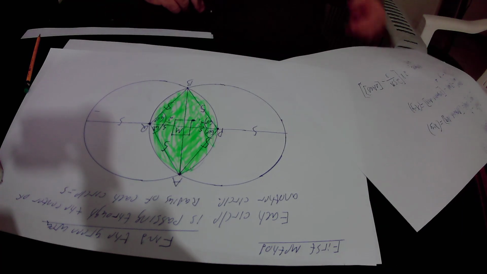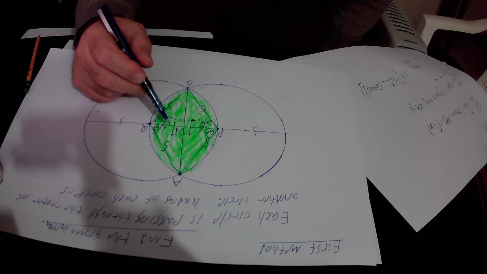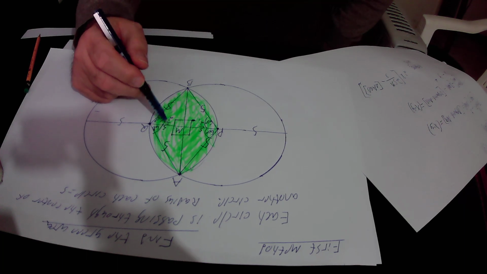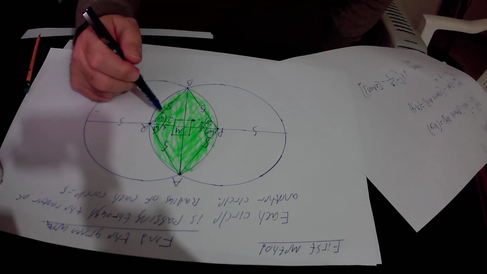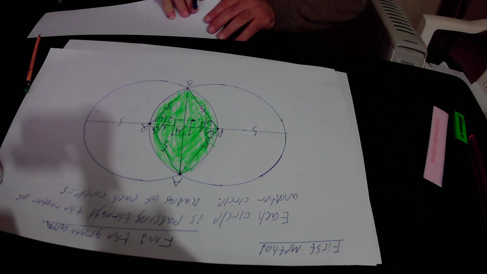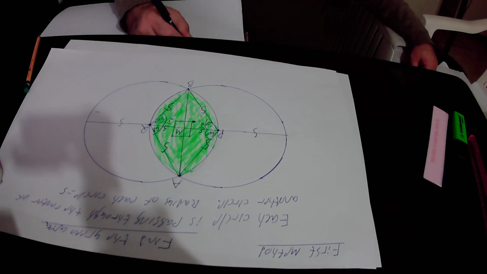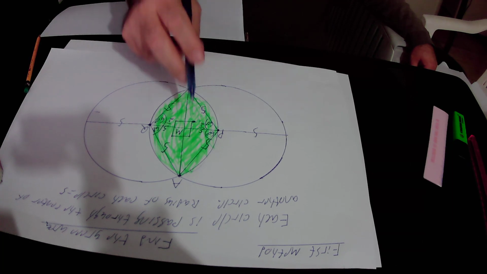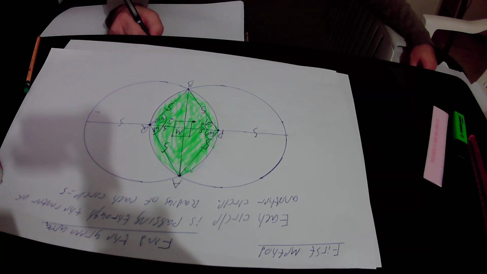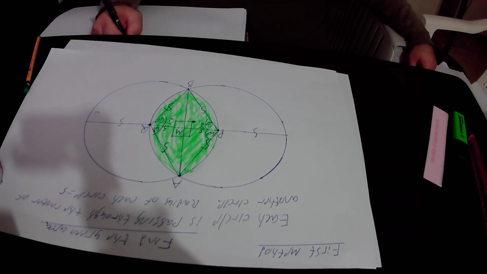Okay? What is the area of triangle AQB? The area of this triangle AQB will be equal to the base of the triangle, that is AB, times the height of the triangle, that is MQ, divided by 2.